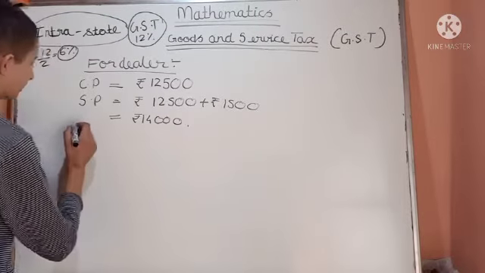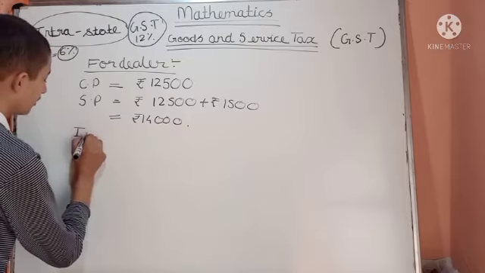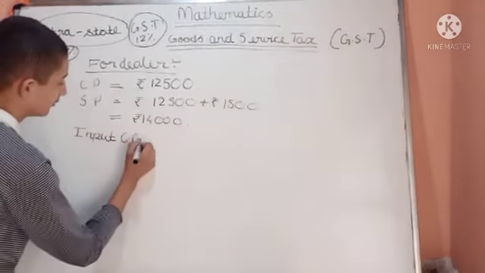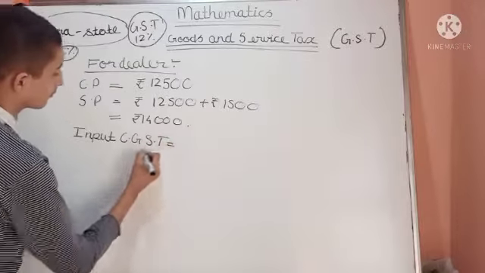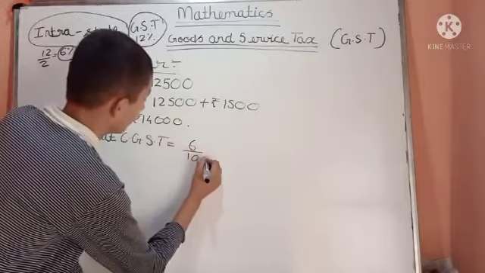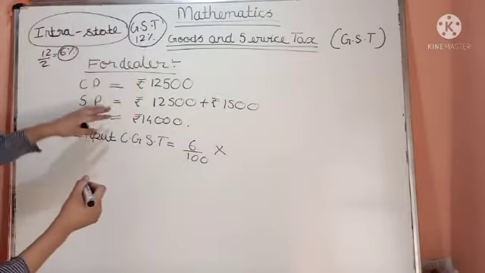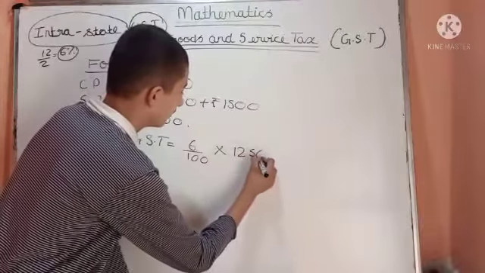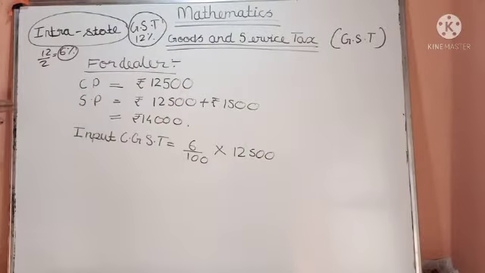So input tax, input CGST, is 6% of 12500. Input tax is applied on CP.